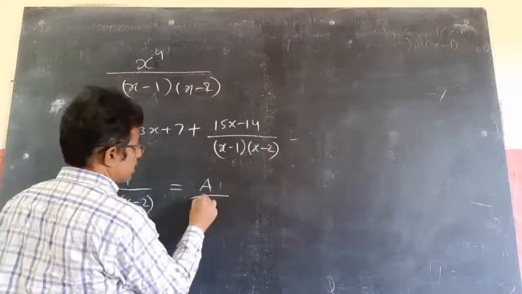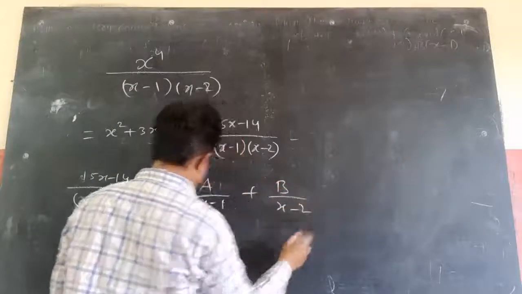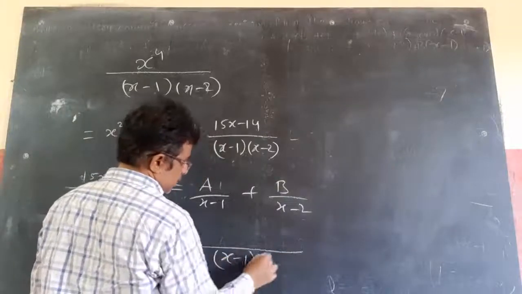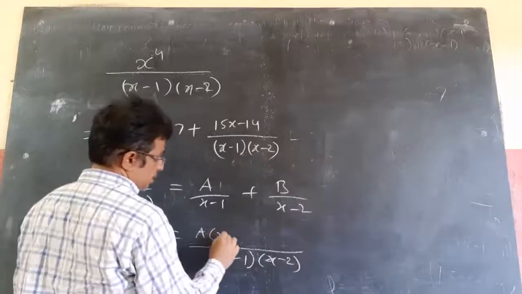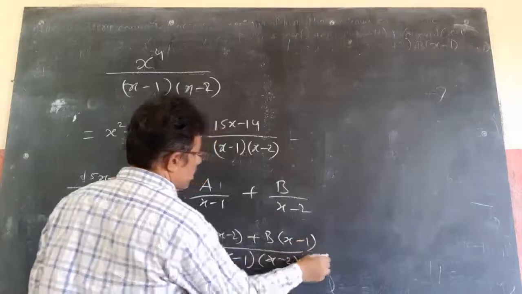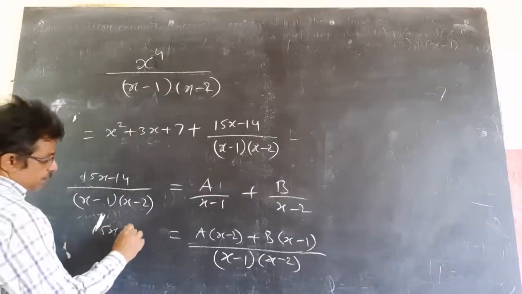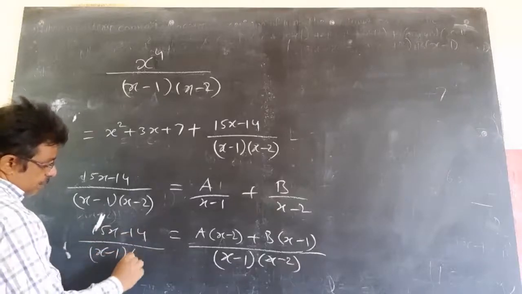So a by x minus 1 plus b by x minus 2. So by taking LCM, x minus 1 into x minus 2. So this is a into x minus 2 plus b into x minus 1. And on this side, I have 15x minus 14 by x minus 1 into x minus 2.